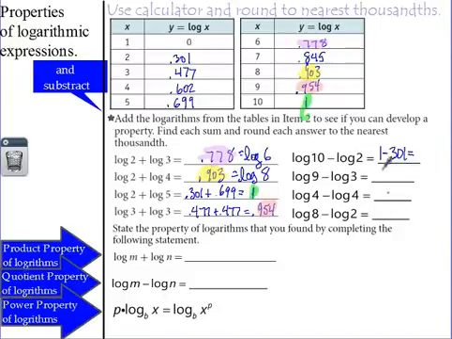And see if you can't figure out a pattern for this so you can create a rule for that. And then I also have included a third rule, which is p times the log base b of x equals log base b of x to the p.